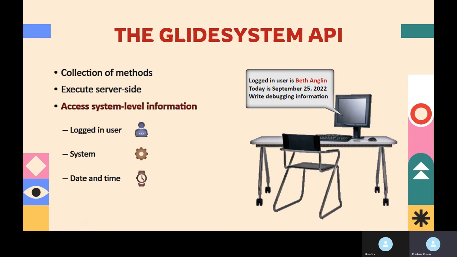So we have to fetch the current date or current date time, a logged in user, or the system defined dates. So we can get system level information using Glide System API, and those Glide System APIs will only be executed on server side.